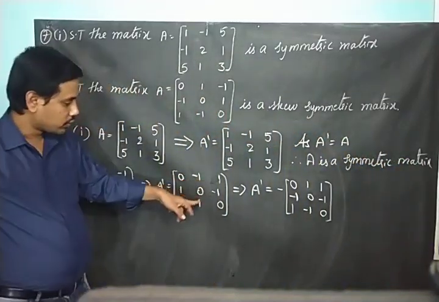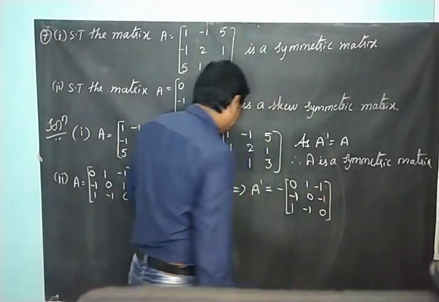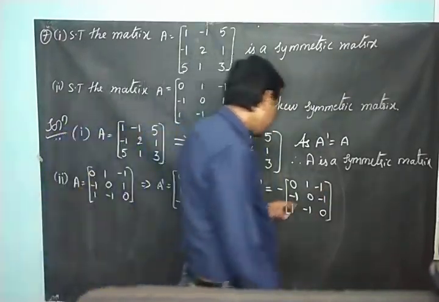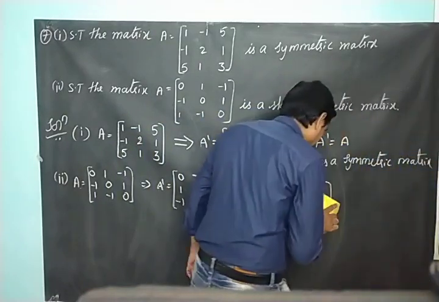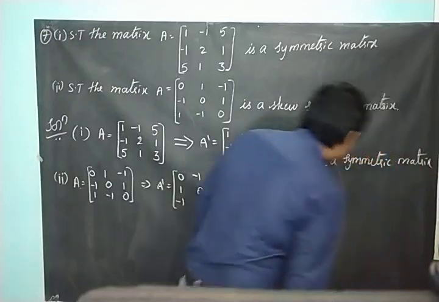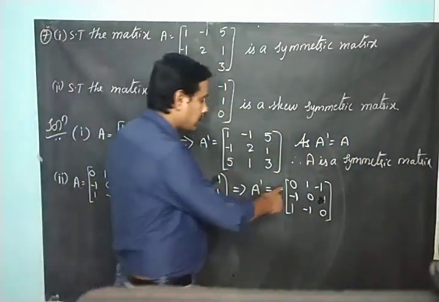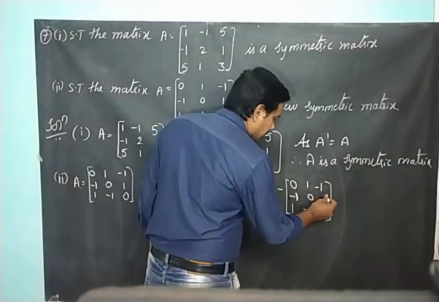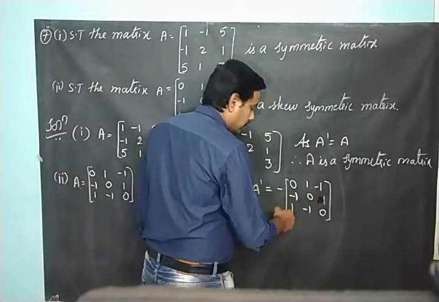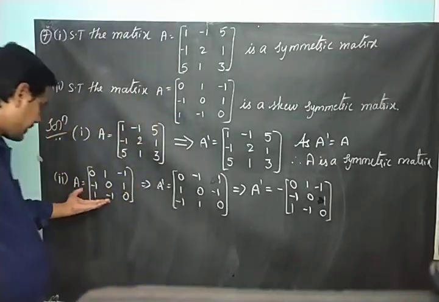Now as this is plus 1, it becomes minus 1. As this is minus 1, it becomes plus 1. So now you can see here 0, 1, minus 1, minus 1, 0, 1, 1, minus 1, 0. That is equal to A.